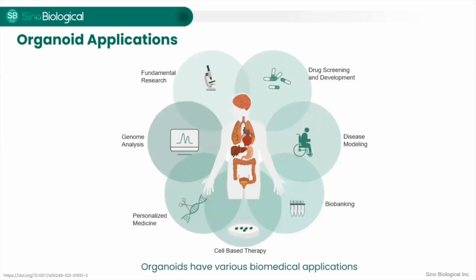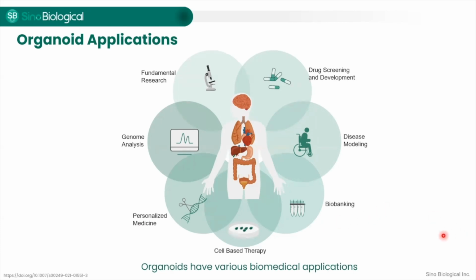Now, looking into the overall biomedical applications of organoids, they have various biomedical applications, from a better understanding of development, to modeling diseases, to being incorporated into drug development. These organoids are being incorporated into these workflows and being used in regenerative medicine.